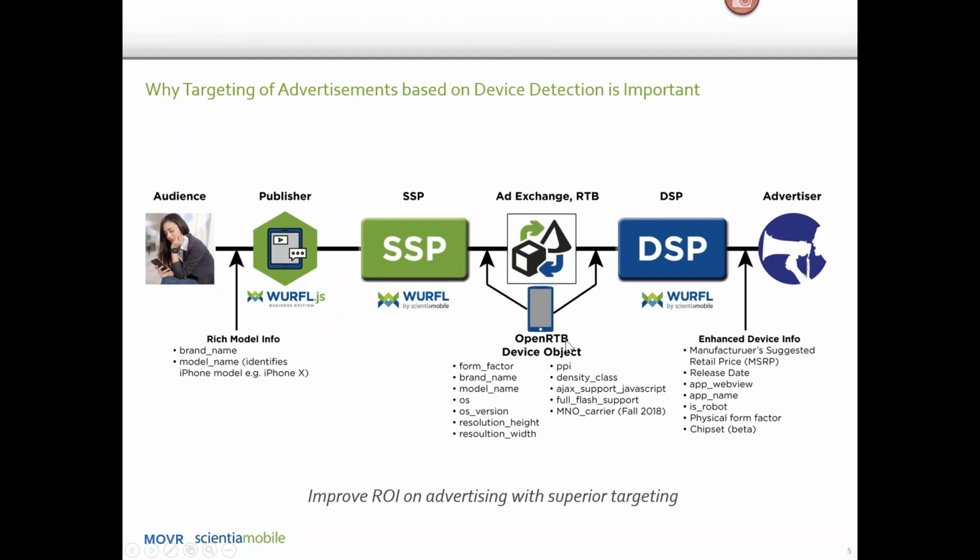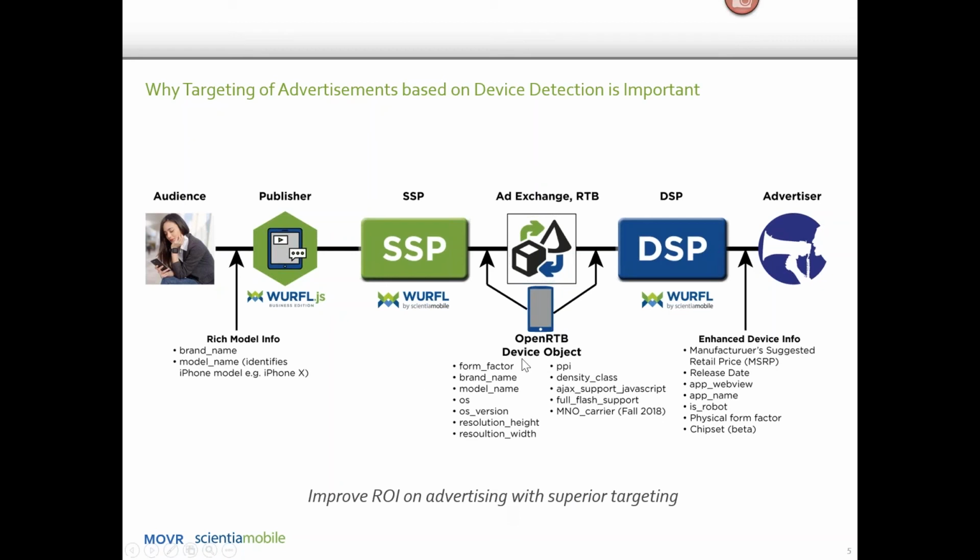This is the Open Real-Time Bidding specification, and it includes several capabilities that are important to bidding on advertisement space, but also to help you target and identify segments of customers that you might want to show your advertisements to.